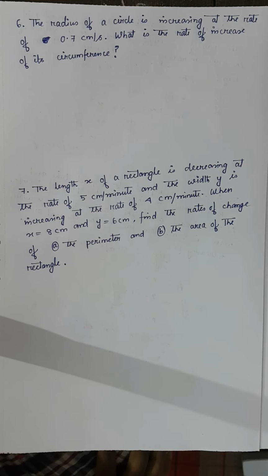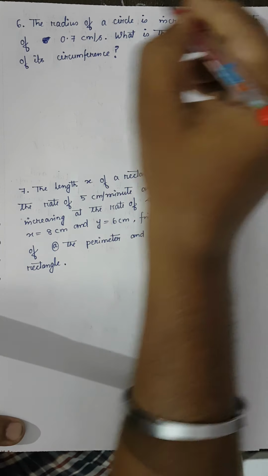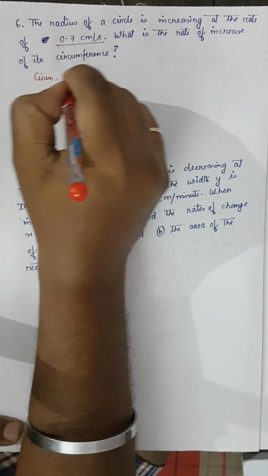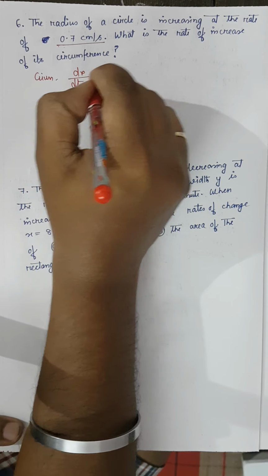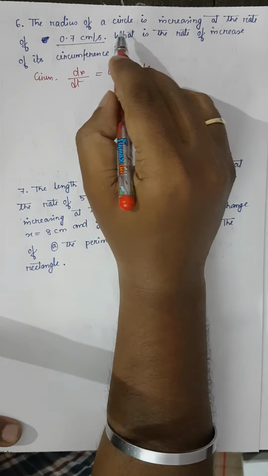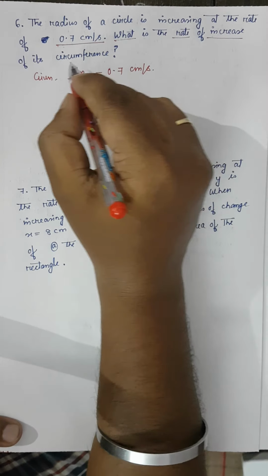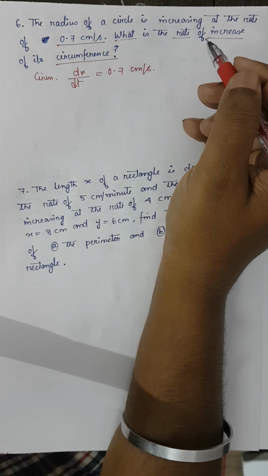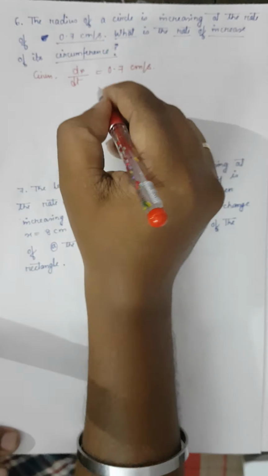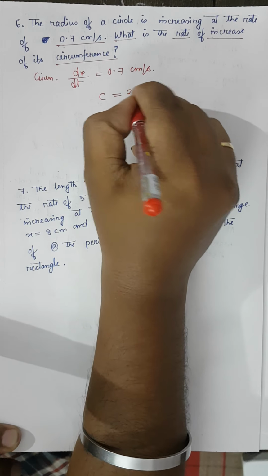Now it is question number 6. The radius of a circle is increasing at the rate of 0.7 centimeter per second. So given that dr by dt is equal to 0.7 centimeter per second, and you are also asked what is the rate of increase of its circumference. Clearly, when the radius increases, circumference increases, also area increases. So we know for a circle the formula of circumference is twice pi r.